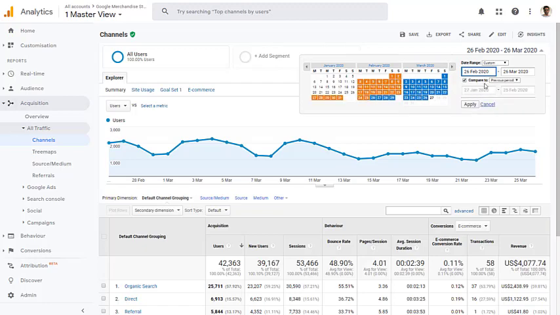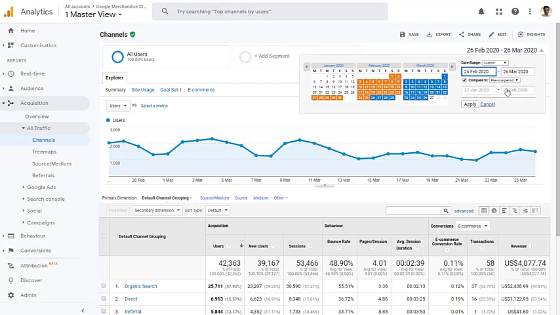What it does is compare your traffic with the previous period. Say, for example, you have worked on the SEO. Now you want to know whether in the last 30 days there was any increase in the SEO traffic or not. I will compare to the previous period. Whatever date range you have selected here, it will take a similar number of days before that.